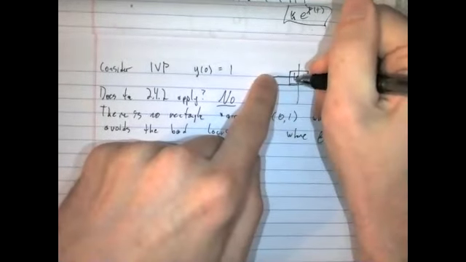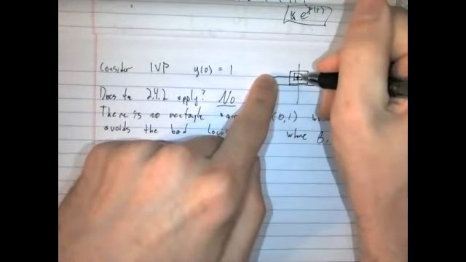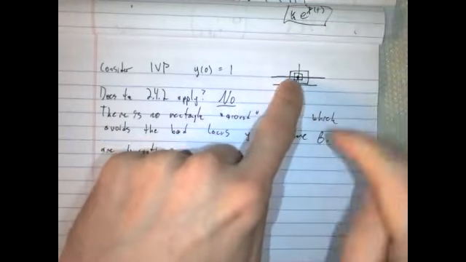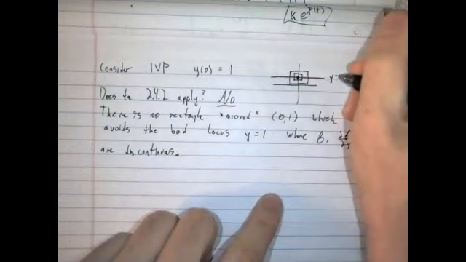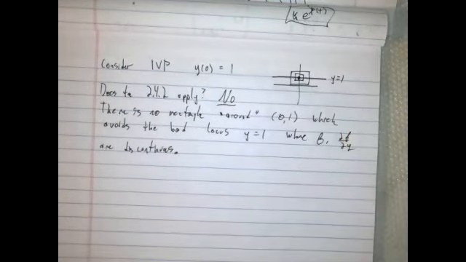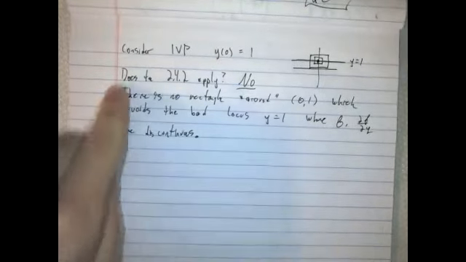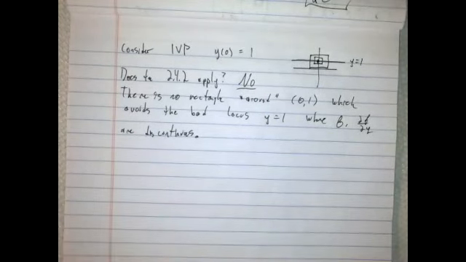No rectangle, no matter how small you try to draw it, or no matter what weird rectangle you try to draw, will avoid intersecting this bad line, y equals 1. Do you agree? Yeah. Sorry, this handwriting is pretty bad. I apologize, but hopefully the picture is the better thing to see here.